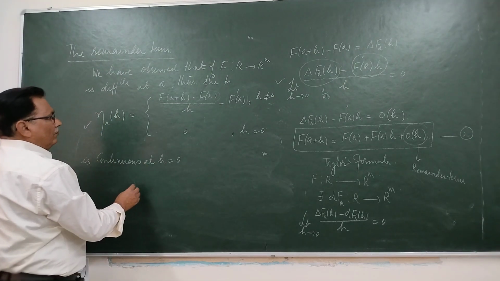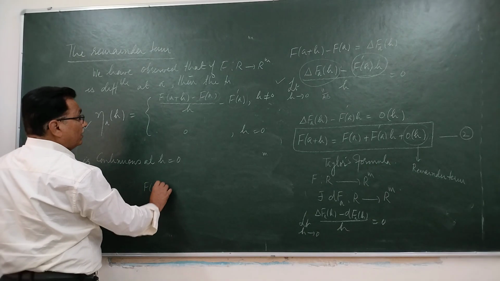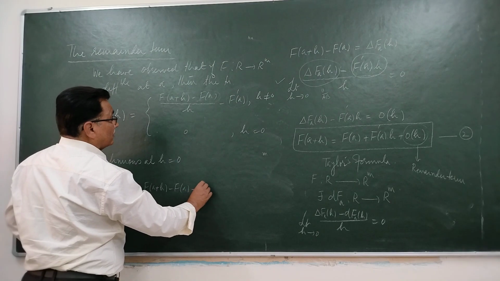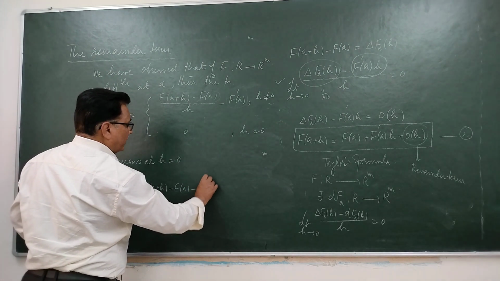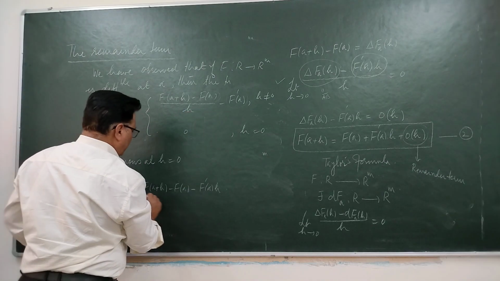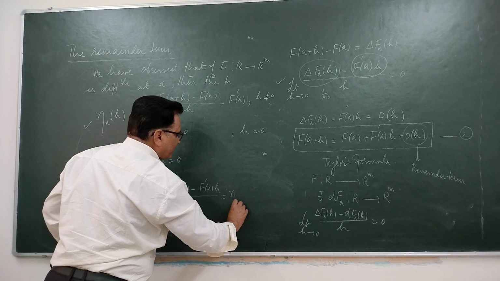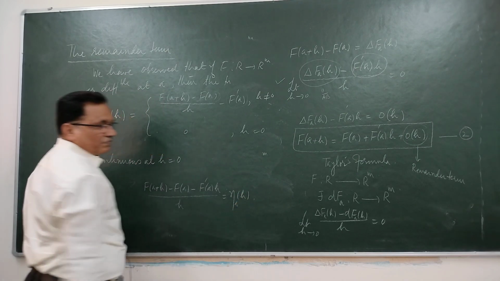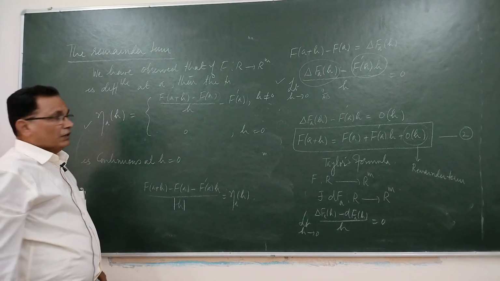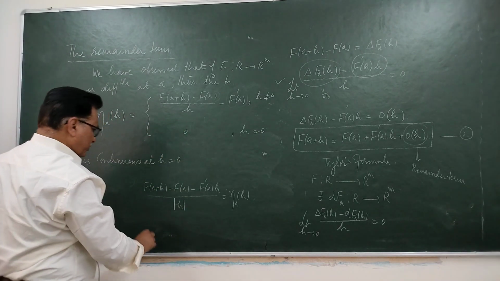You will write f of a plus h minus f of a minus h times f dash a, or f dash a times h, and this h in the denominator, is equal to eta a h. Or you better write this as mod h. These two are equivalent. Whether you write h or mod h, the definition remains true.